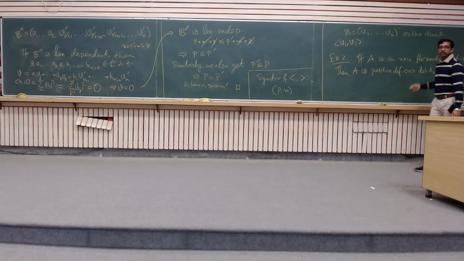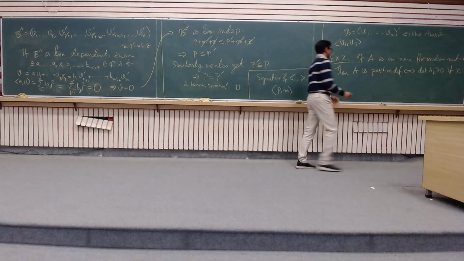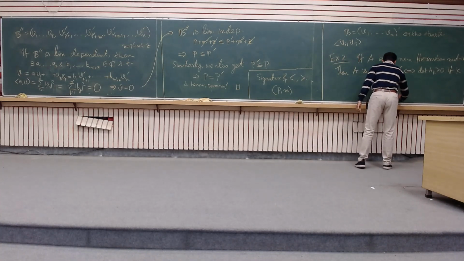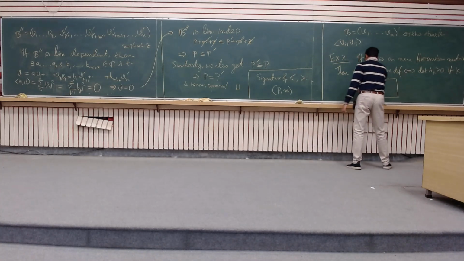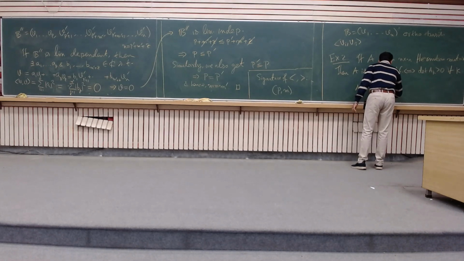And how we define these AKs: these are submatrices. So this is your entire A, and then the first 1 cross 1 part is A1, the first 2 cross 2 part is A2, dot dot dot, the first k cross k part is AK.